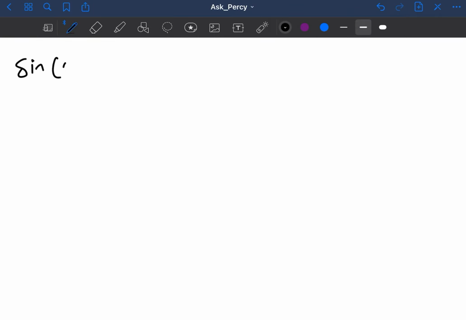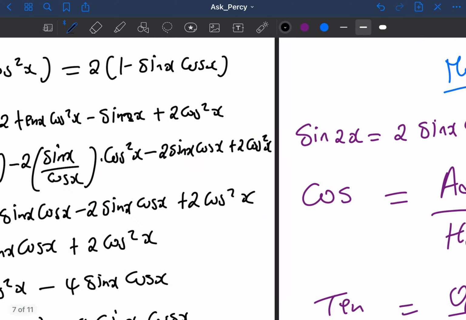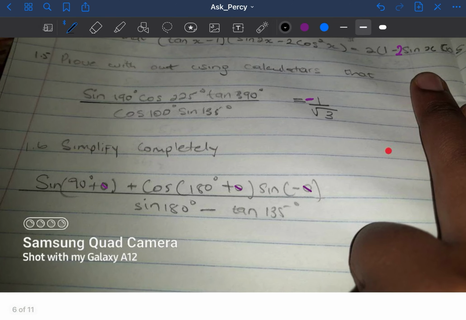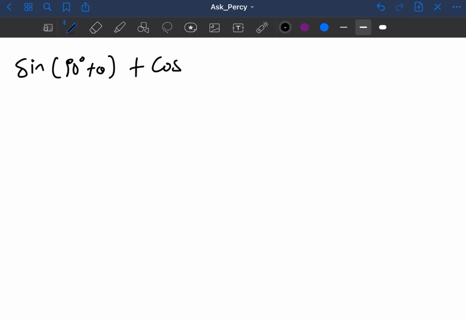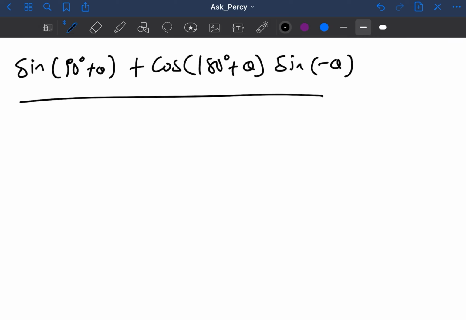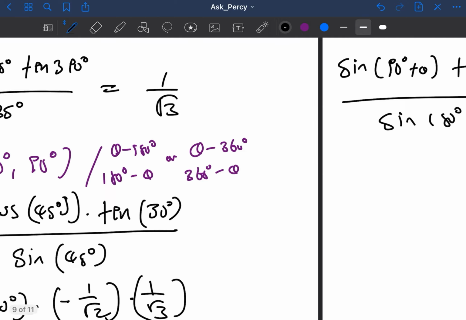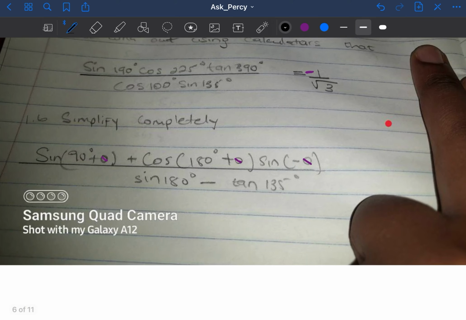So simplify this completely. 90 degrees plus theta, I don't know if it is minus or plus, so it's plus. Plus cos of 180 plus theta, sine of negative theta, over sine of 180 minus 135, if my memory serves me right.